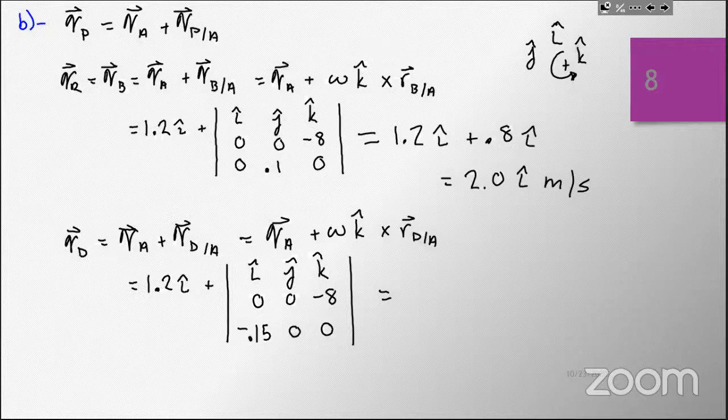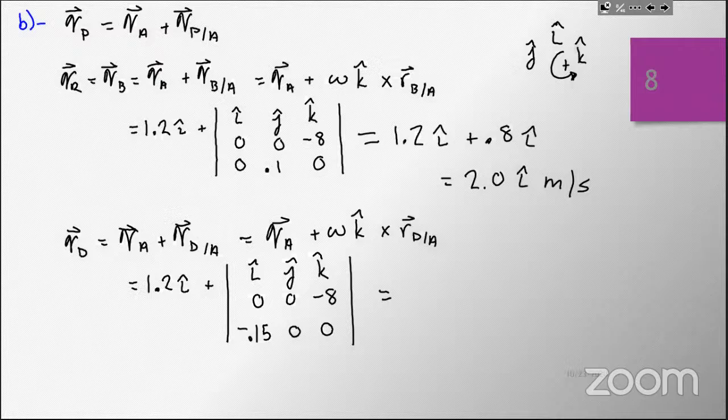But it's I cross K, and I cross K is a negative J. The other one's going to be 0. How can I tell? Well, you got 3 zeros. Whenever you see a bunch of zeros like that, it's always good for business, because then we have to do less cross product.